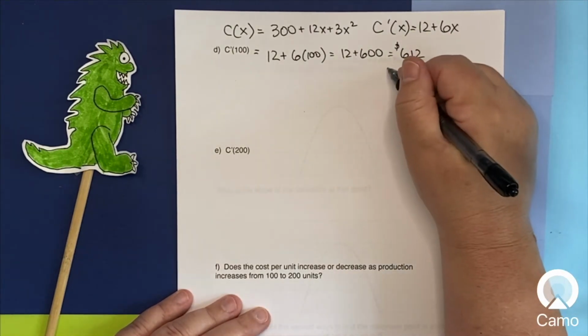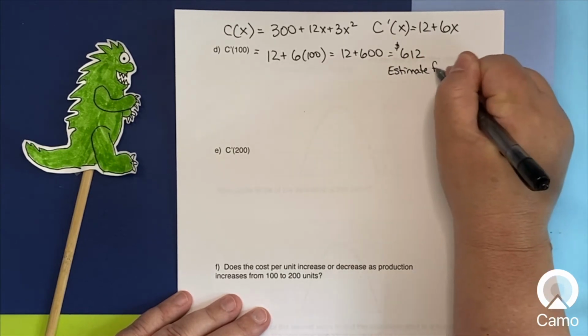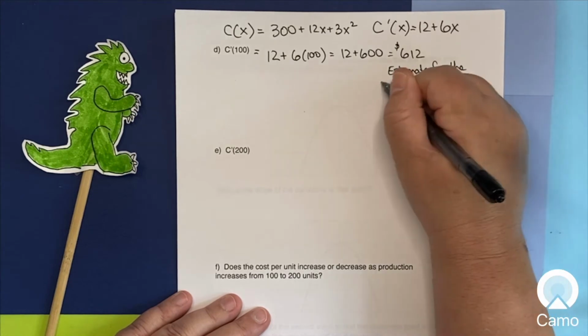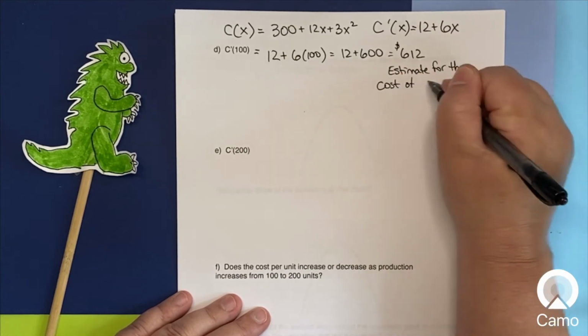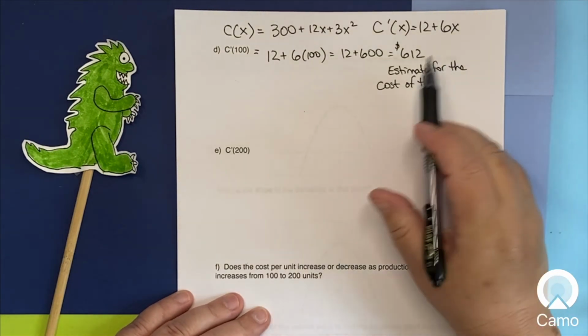Now remember, derivatives are about forecasting. So this will give us an estimate for the cost of the next unit. So in other words, the 101st unit.